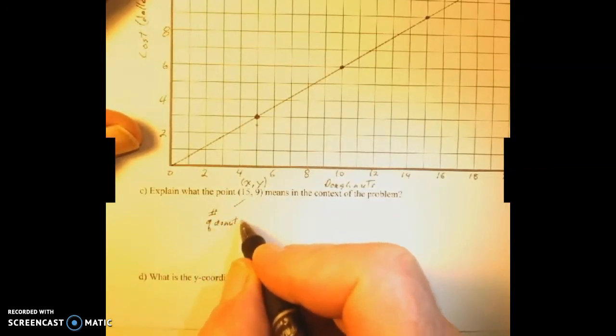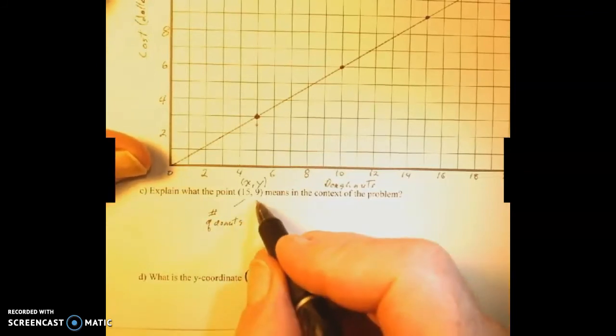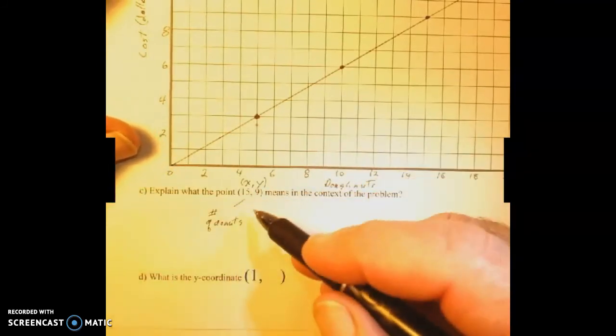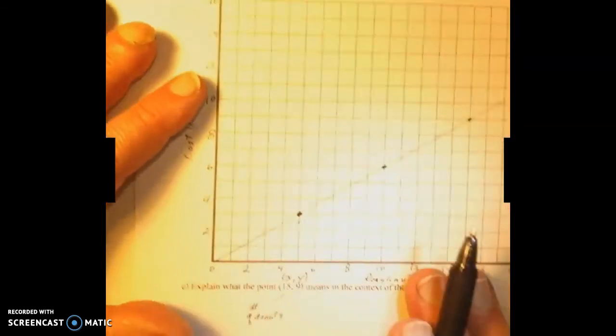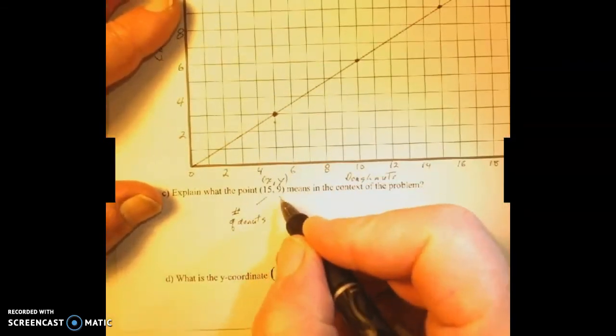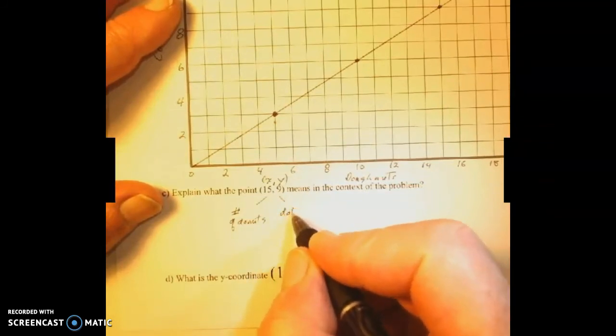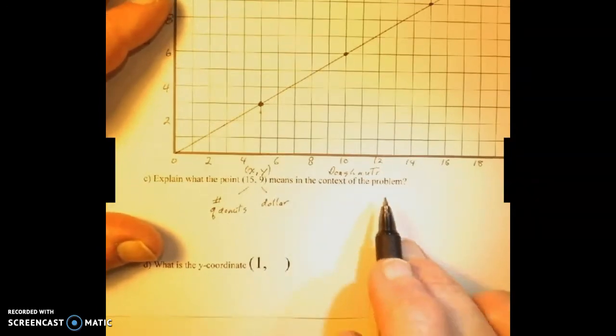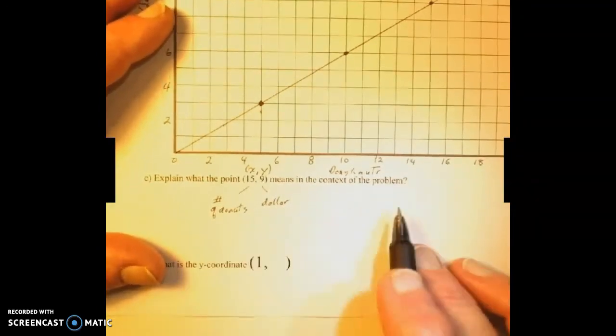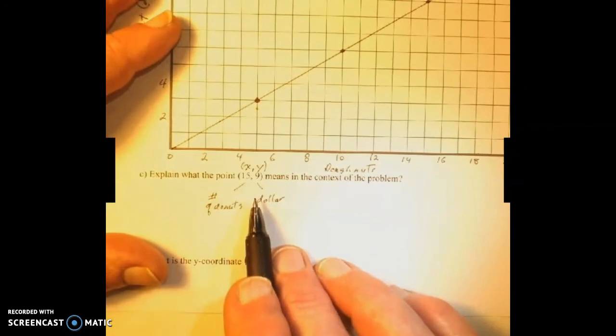I'll abbreviate donuts by spelling it that way. And 9 is our y-axis, and again, our y-axis is how much they cost. So this is the dollars. In context of this, give me a sentence answer. Give us a sentence answer. What does this mean?